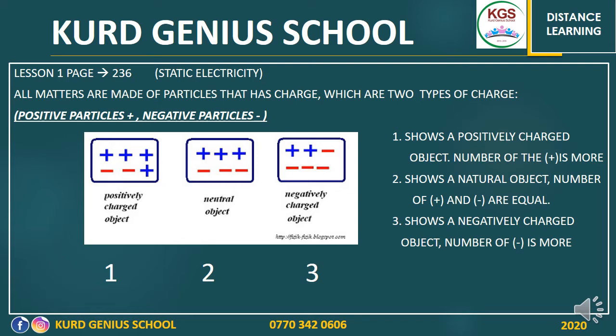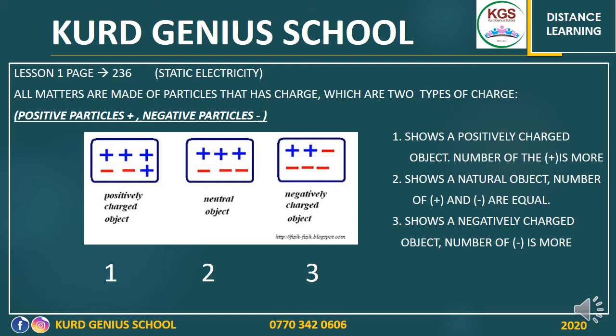The second one is a neutral object, which means the number of positive and negative charges are equal. The third one is a negatively charged object, which means it has more negative particles than positive particles.